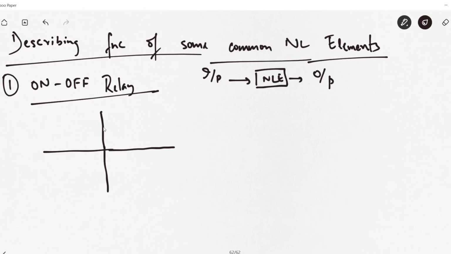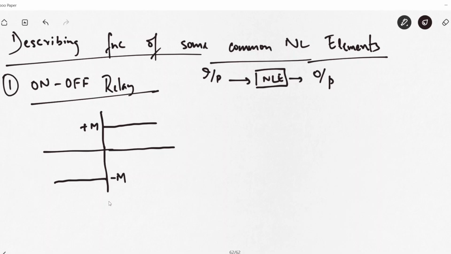So the behavior of an on-off relay is something like this, where for all positive values of x we'll be getting, it's not necessary we'll be having a magnitude of 1, we'll be having a magnitude of plus m, and for all negative values of x we'll be having a magnitude of minus m.